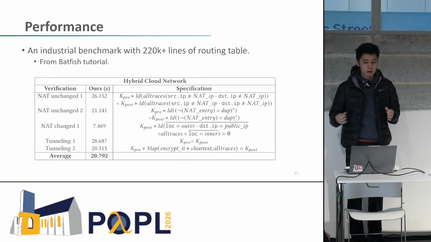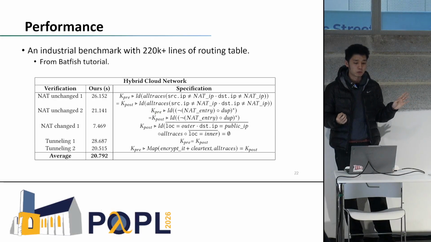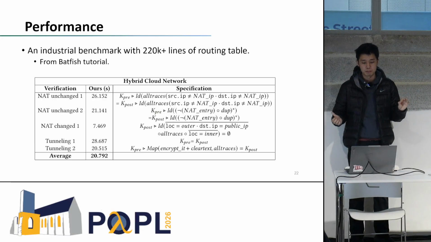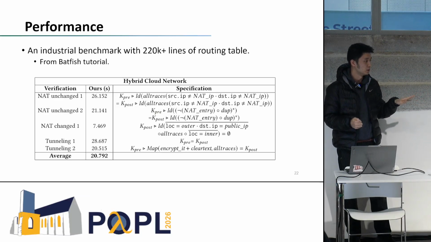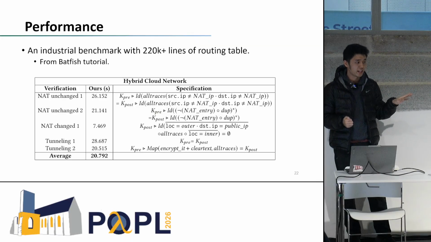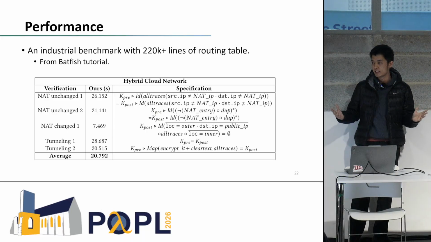The first benchmark I would like to show you is a benchmark comparing with Batfish, which is a benchmark that currently no relational network verification tool can re-implement. Batfish is a network verification tool in terms of traditional network verification. Inside its tutorial, it provides an industrial benchmark with over 200,000 lines of routing table information written in JSON.